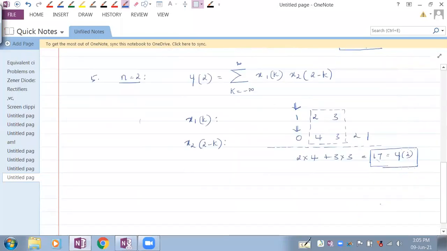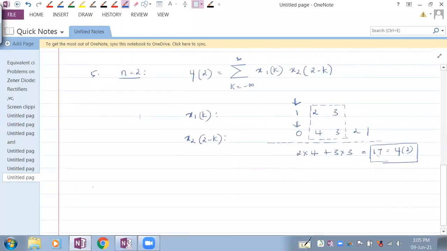Then the 6th one, the last one. So how do we understand it is the last one? It's interesting to see. N equal to 3, that means we are obtaining y of 3. So again, we have to take the summation over k ranging from minus infinity to plus infinity of x1 of k times x2 of 3 minus k.